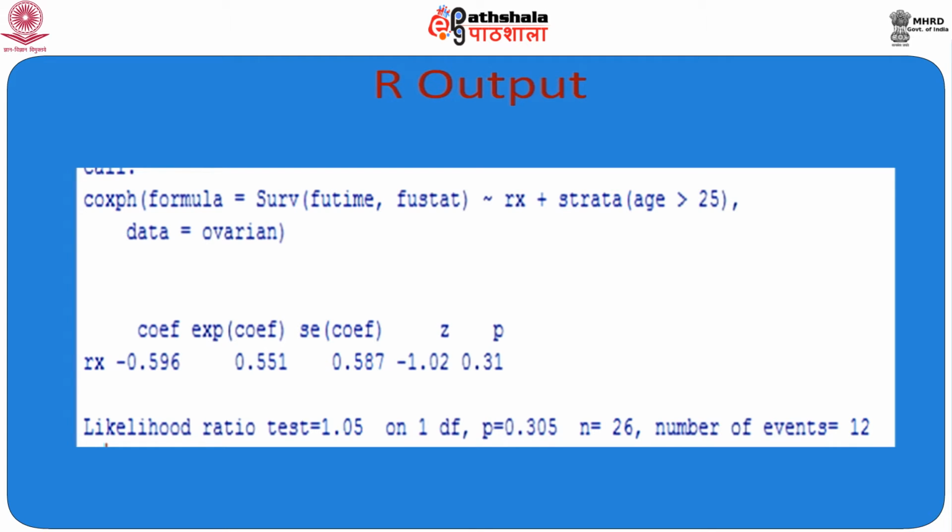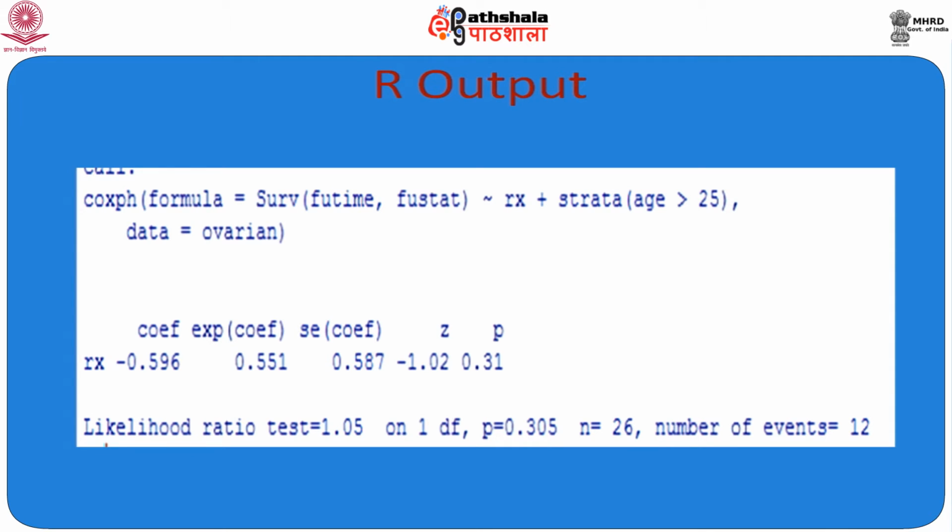The likelihood ratio test has value 1.05 with p value 0.305. The number of events observed is 12, with total observations 26.